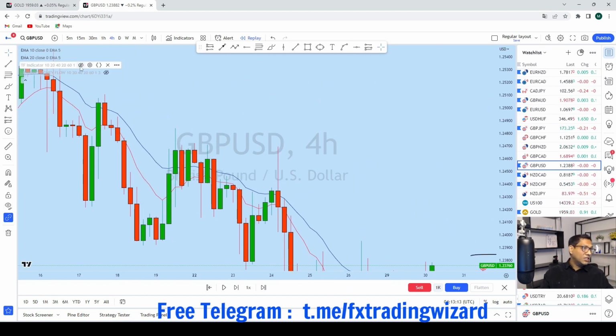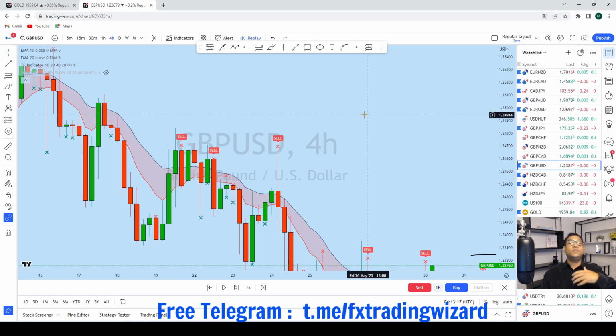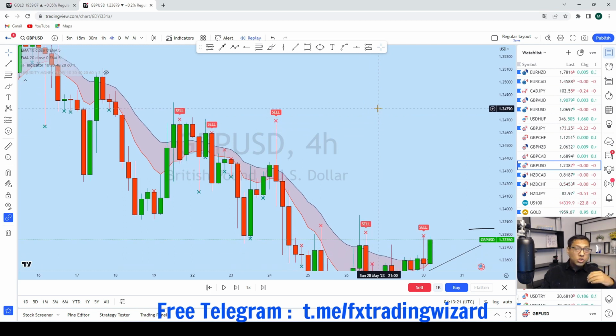Now what is a strategy? If you look at this, this is our TF strategy, or trend following strategy. This is also the indicator that we use to find the trade. You can see that only in selected areas do we find the trade, and rules can be programmed.